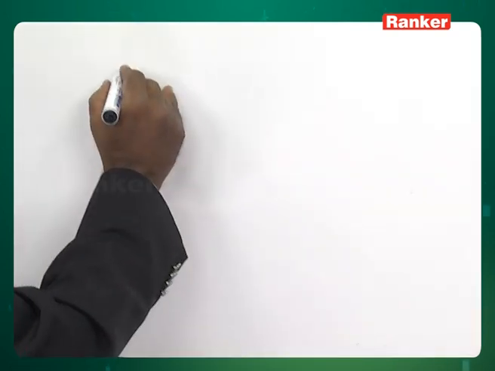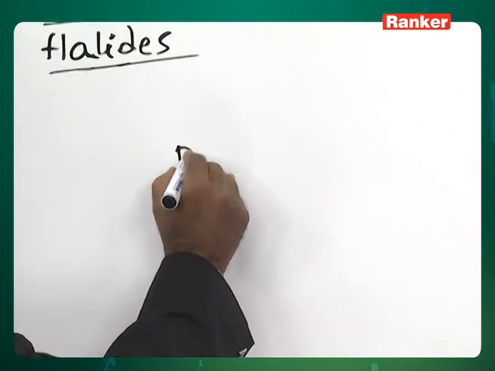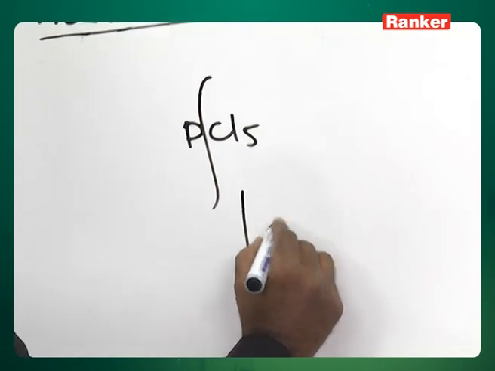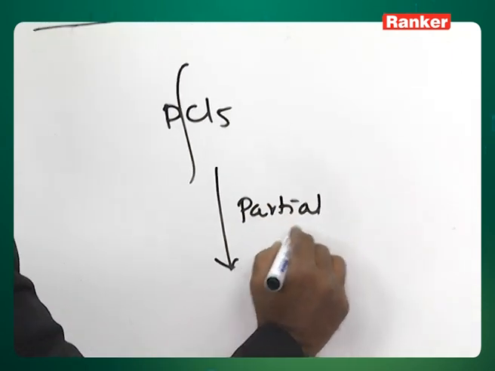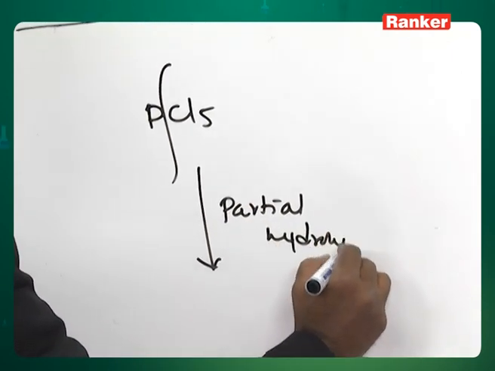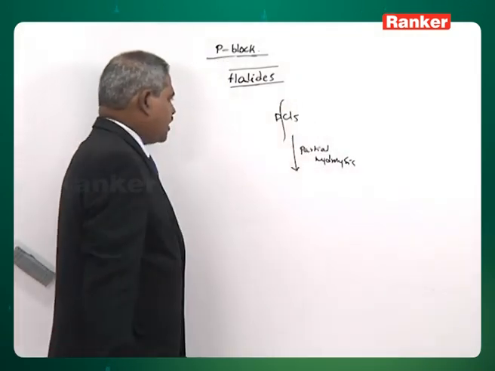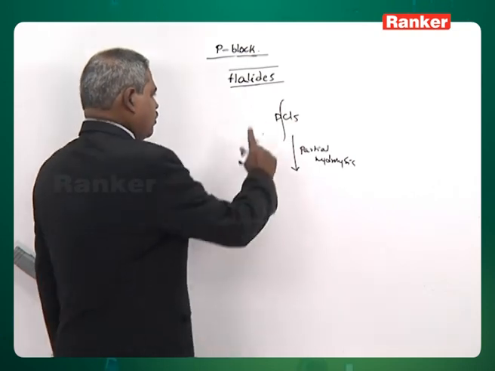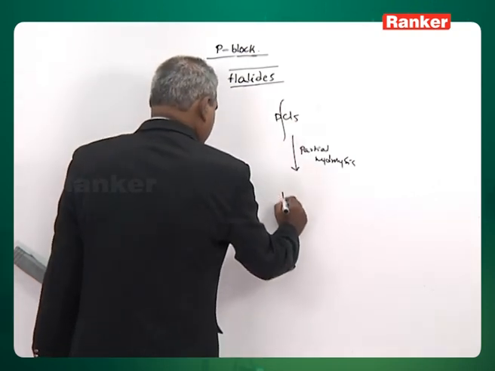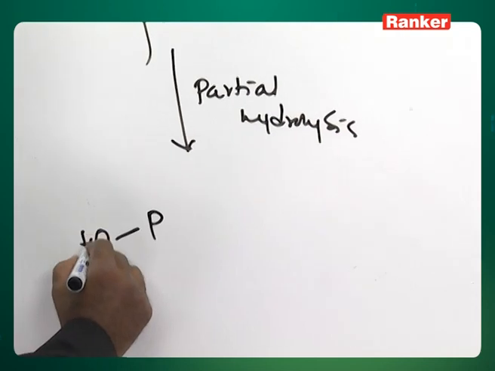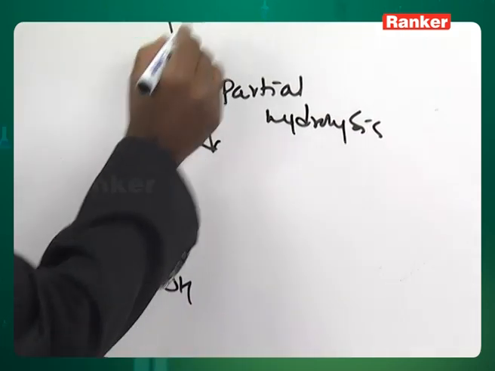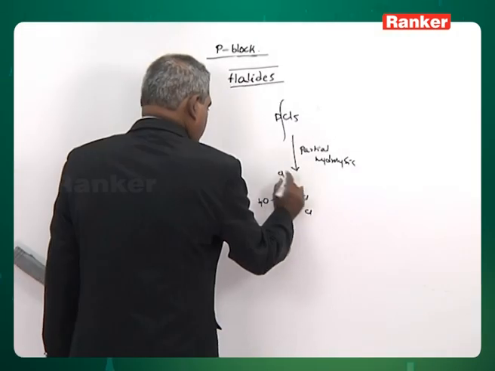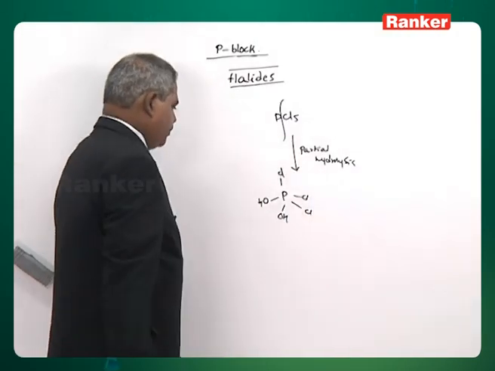The same PCl5 on partial hydrolysis, it should be clearly mentioned, partial hydrolysis: only 2 chlorines will undergo hydrolysis. So you end up getting P(OH)2, only 2 bonds are broken. The remaining 3 chlorines are not broken.